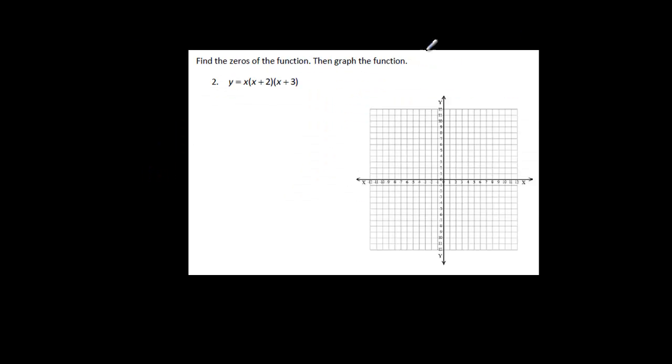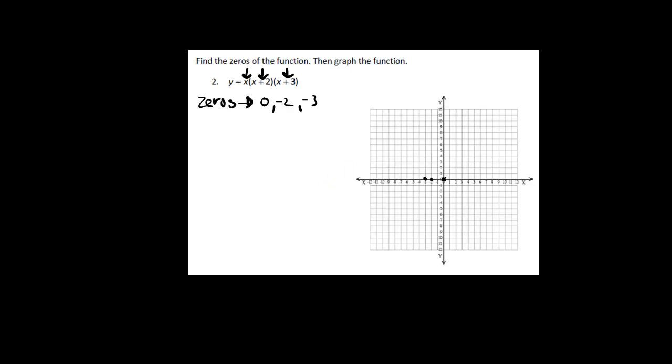This one, they want you to find the zeros of the function. So the zeros of the function are x equals 0, so that's one of them, negative 2, and negative 3. These three are your zeros.